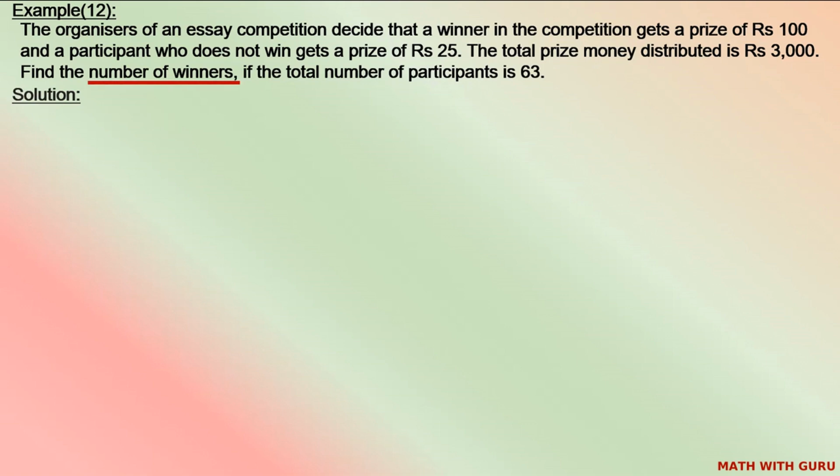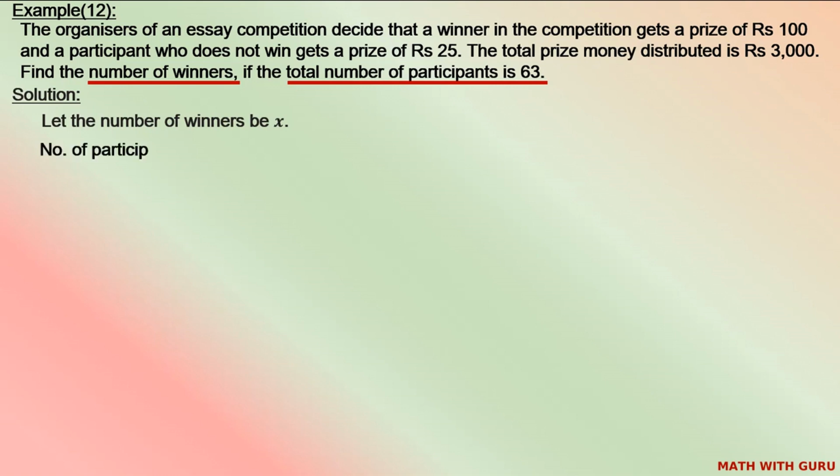Let us take the number of winners as x. Total number of participants is 63. That is, number of participants who do not win plus number of participants who win equals 63.